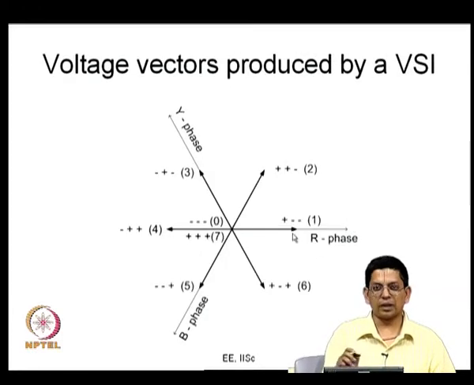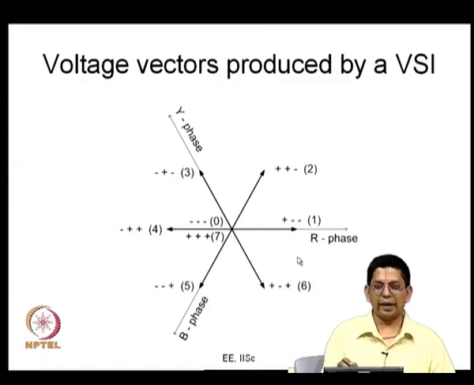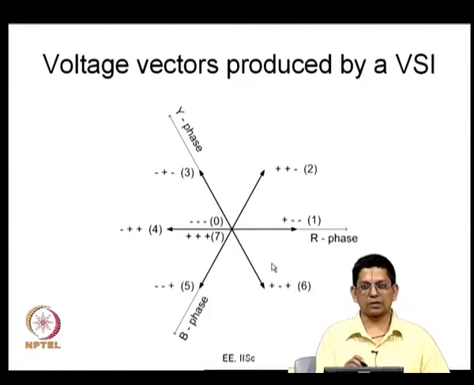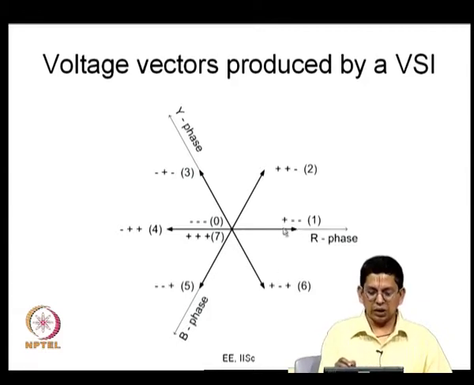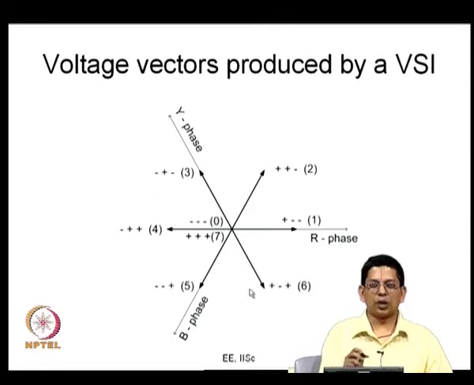So, it becomes a vector like this, and this vector has a magnitude VDC. I have not indicated this here, but I have indicated this in a later slide. So, this inverter state plus minus minus leads to a voltage vector of magnitude VDC at an angle 0, that is, V alpha is equal to VDC and V beta is equal to 0. Similarly, you can do for all the other states one after the other.